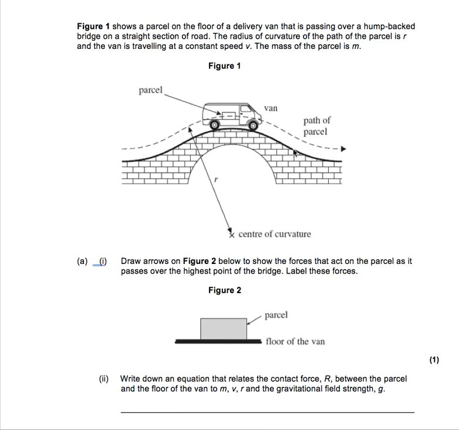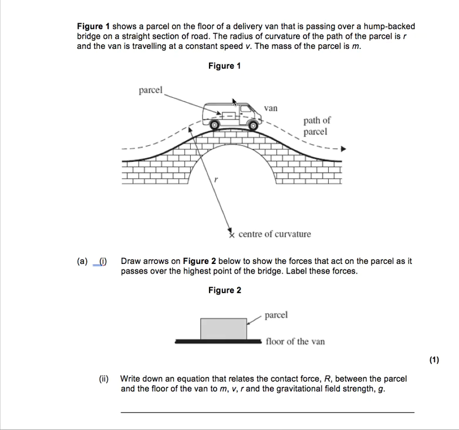Now, the only way there can be a resultant force towards the center of the circle is if either the weight gets bigger or that reaction gets smaller. The weight depends on the mass and on gravity, which in turn depends on the planet. They're not changing. So the only way for there to be a resultant force towards the center of this circle is if the reaction gets smaller.